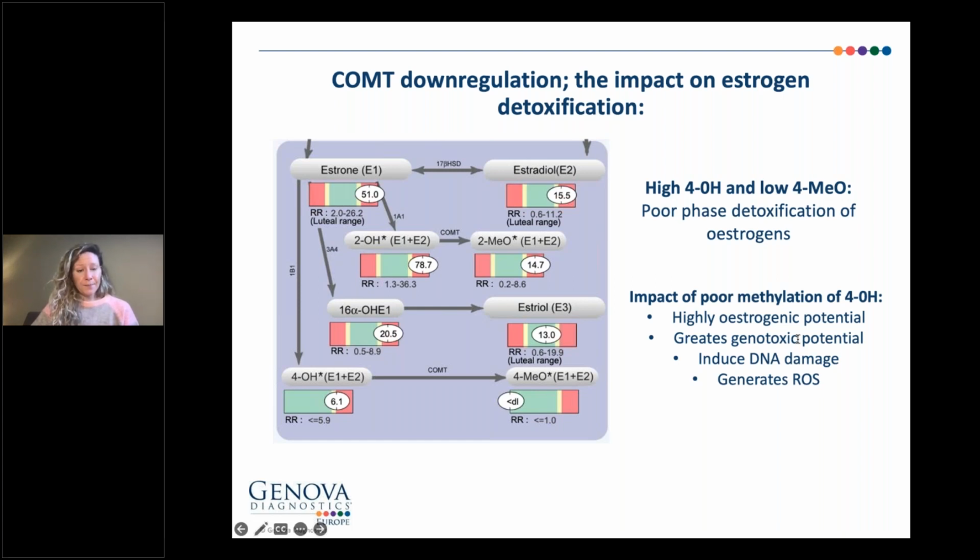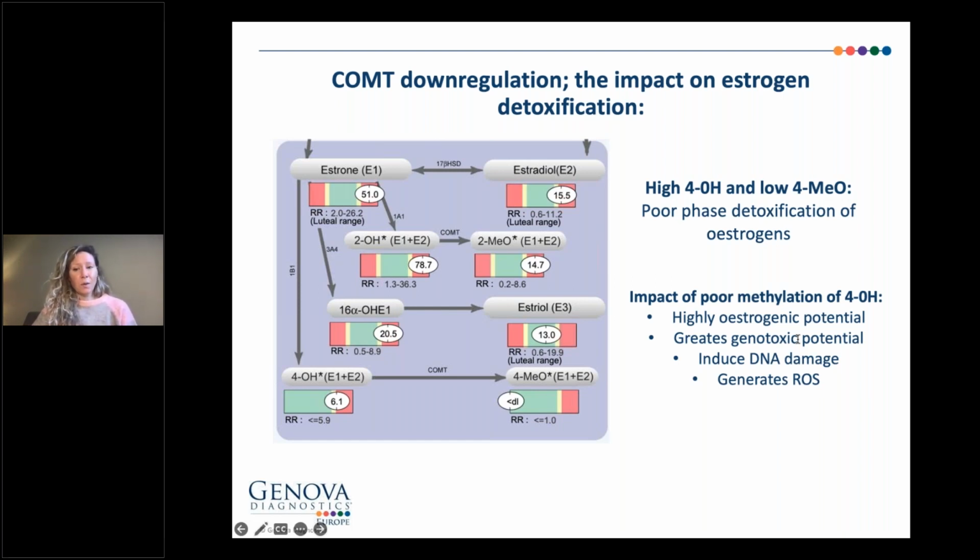And as you can see, her parent estrogens, the estrone and the estradiol, are very high, which is unsurprising as she is on HRT. But what I'm concerned with is A, which pathways is she metabolizing her estrogens through in phase 1? And B, how well is she methylating her estrogens?